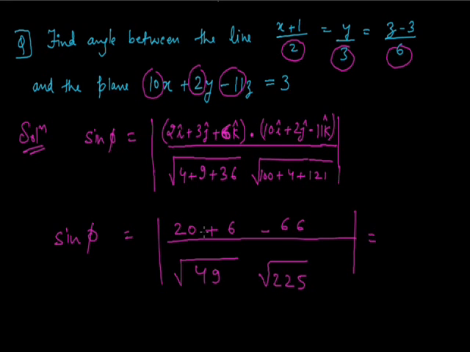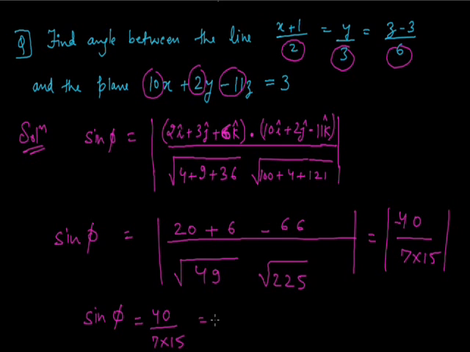In the numerator it is going to be minus 40, in the denominator it is going to be 7 into 15. So sine phi is basically equal to 40 upon 7 into 15, which can be written as 8 upon 21. So from here you can say that phi is equal to sine inverse 8 upon 21. And that's your answer. Thank you.